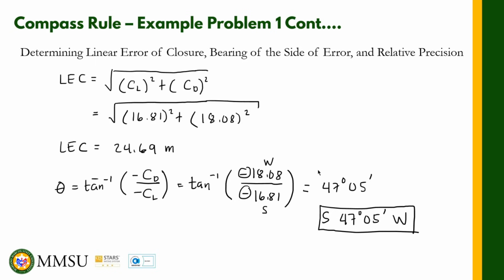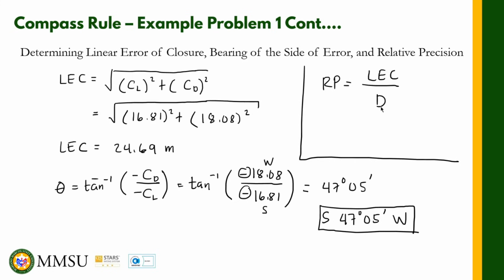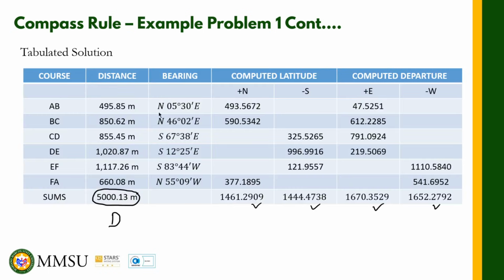And then finally, the relative precision. Dito ko na yung relative precision. So the relative precision is just equal to the LEC divided by the total traverse. Okay, so this is 24.69 divided by the total distance. Ito kanina, yung sum of the distances.